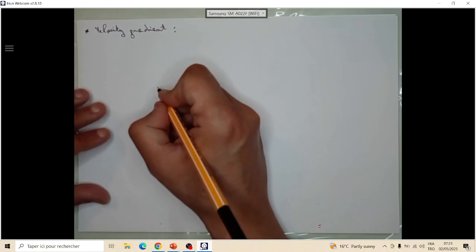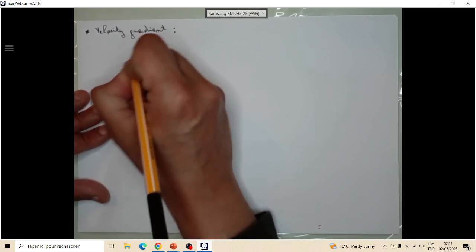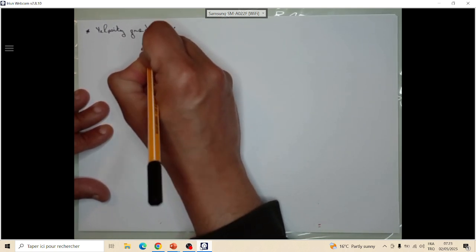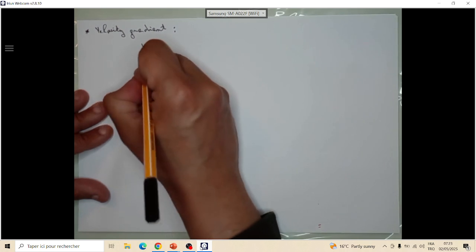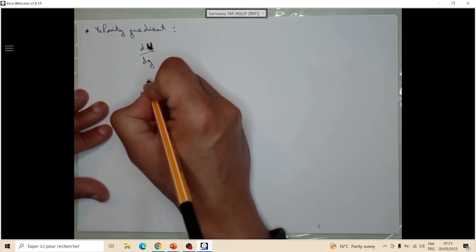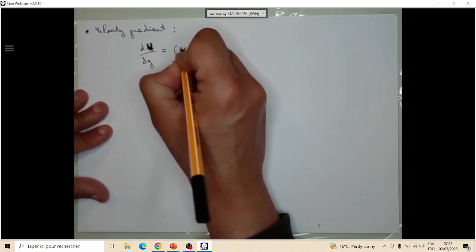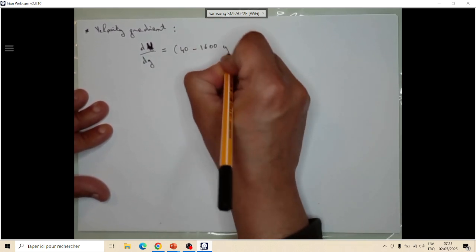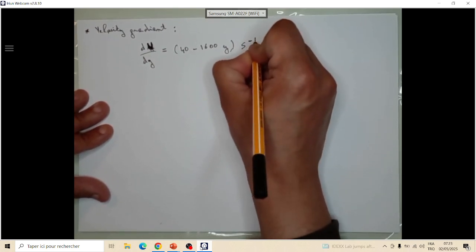we have found that this is u, du divided by dy is equal to 40 minus 1600 y, and the units that we found here is second minus 1.